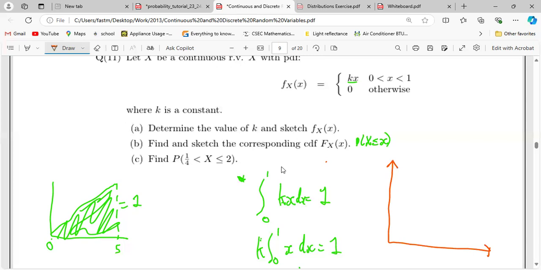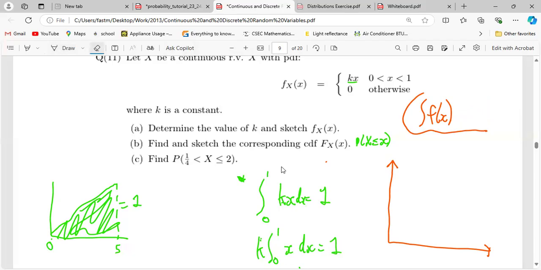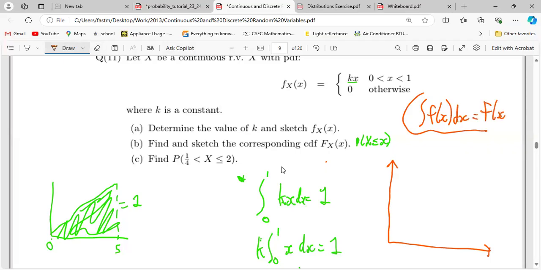Something that helped me remember: if you integrate the small f of x dx, you end up with capital F of x. And if you differentiate the CDF, you end up with the PDF. So that's something cool I could remember.